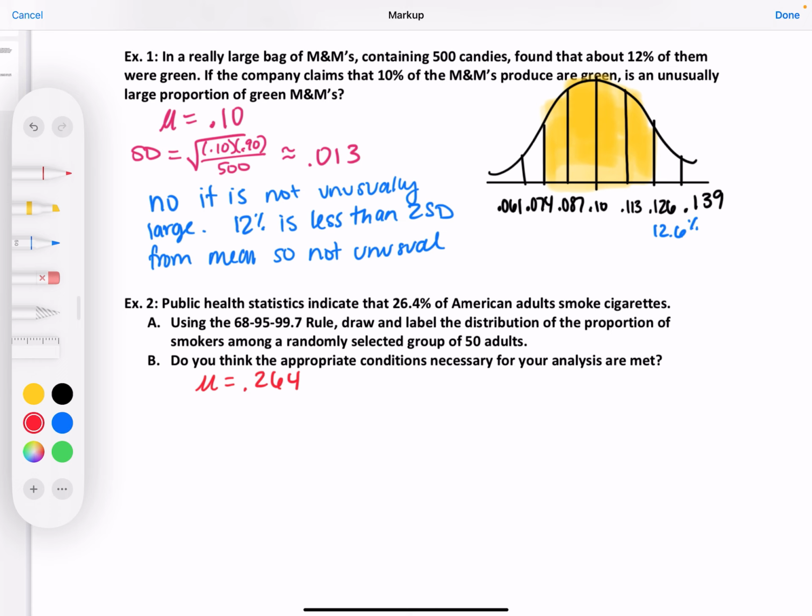So then the standard deviation would be the square root of 0.264 times 1 minus 0.264, which is 0.736, over n, which is 50.